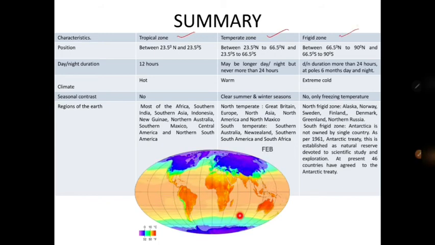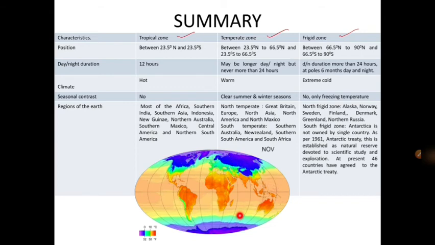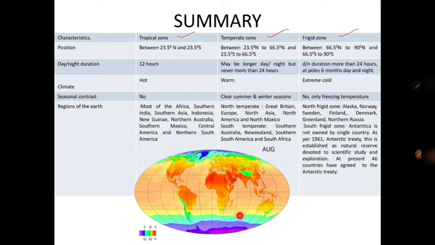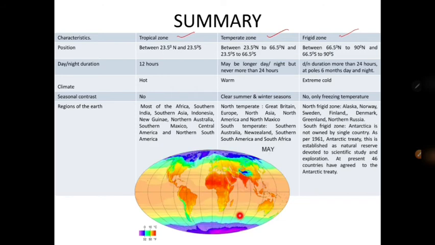Position, it is in between 23.5 degree north to 23.5 degree south. The temperate zone is present in both hemispheres between 23.5 degree to 66.5 degree. The frigid zone is present in both hemispheres between 66.5 degree up to 90 degree.